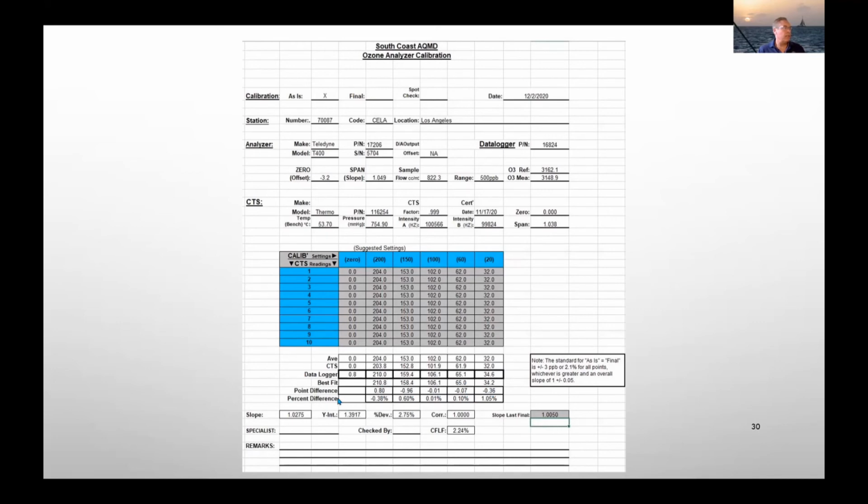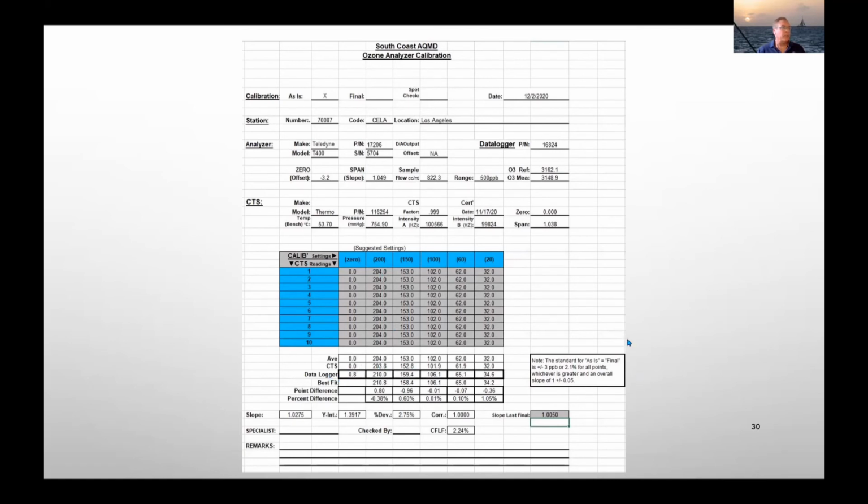And it will also calculate a percent difference from each point off our best fit line. Then overall, it will calculate the slope between the instrument and our true reading as generated by the level 3 standard, the CTS line right here.